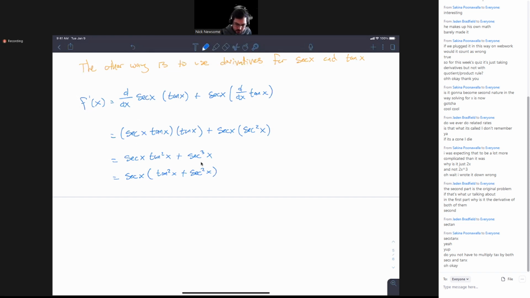Okay, so now I plug in pi over 4. All right, so I'm going to get secant of pi over 4 times tangent squared of pi over 4 plus secant squared of pi over 4.